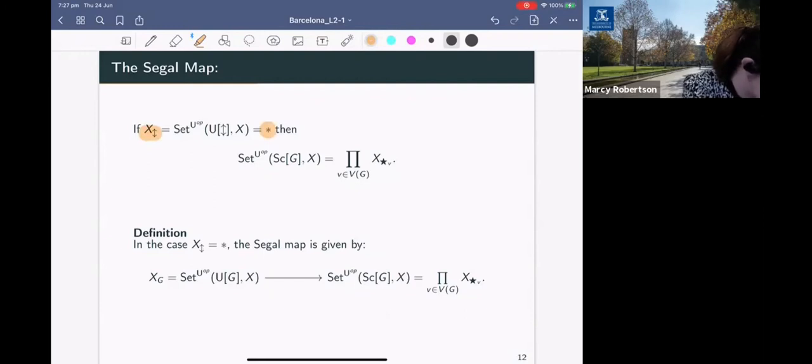And from our first exercise, we know this is the set of maps from the representable into X. And now the Segal core into X, if this is just a one-point thing, then we know that this is identified with the product here, right? So this was using the facts from the previous lecture.